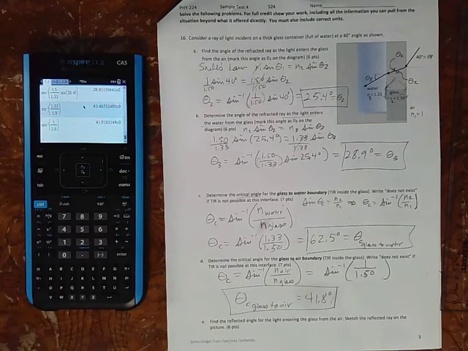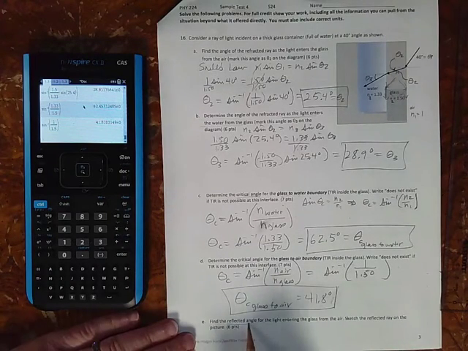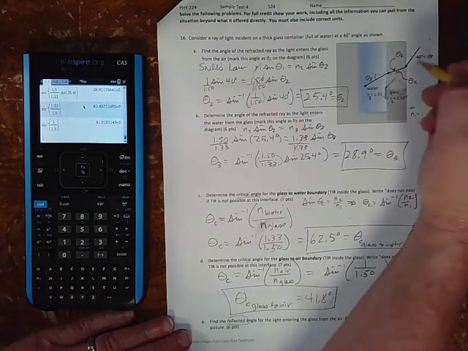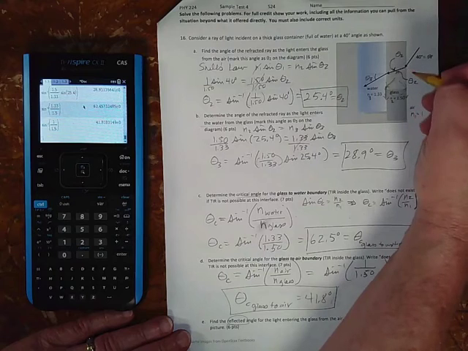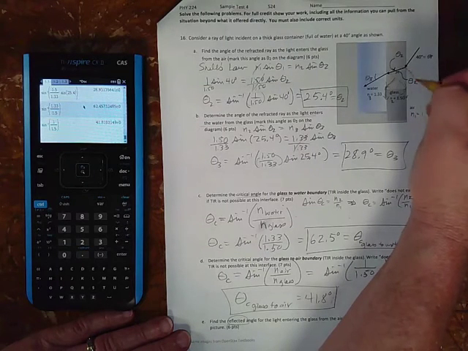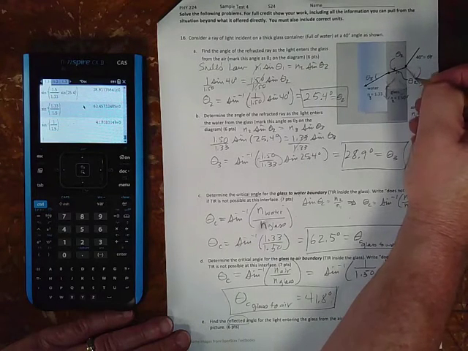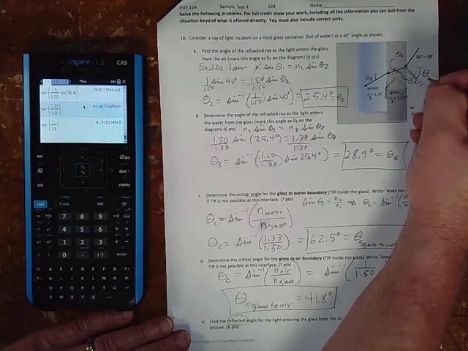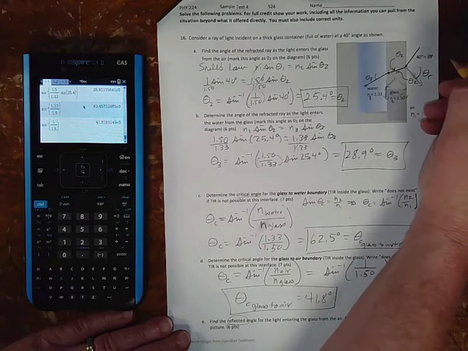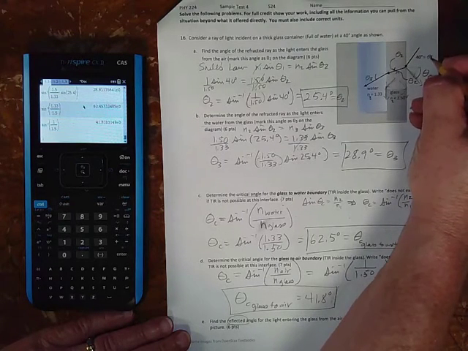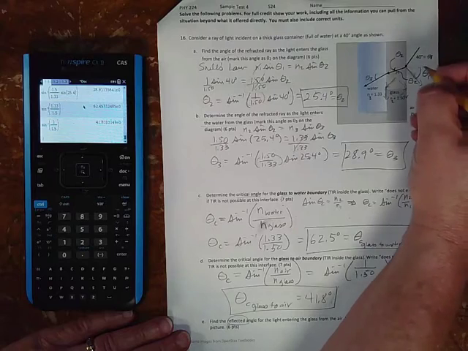Okay, find the reflected angle for the light entering the glass from the air. Sketch the reflected ray on the picture. So reflected is the bouncing off like a mirror kind of reflection, right? And so something like this, the light comes in and is reflected off, and this would be theta reflected right in there.